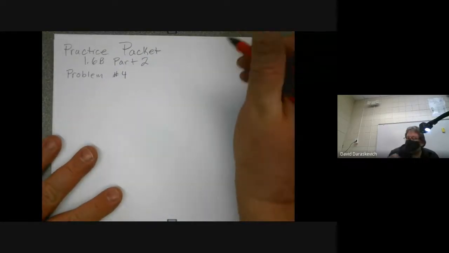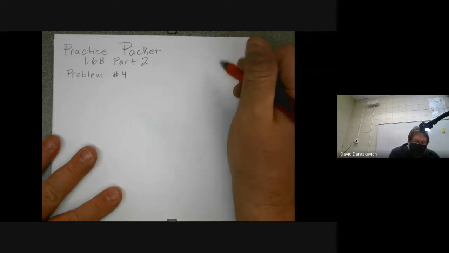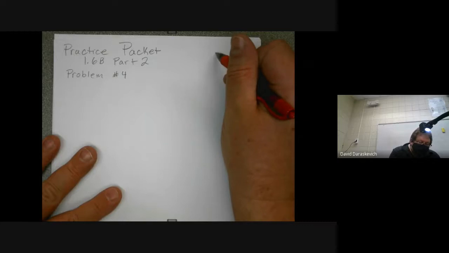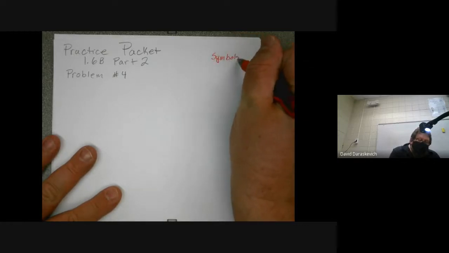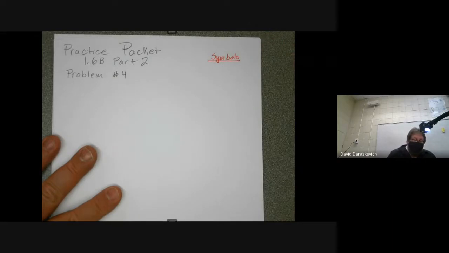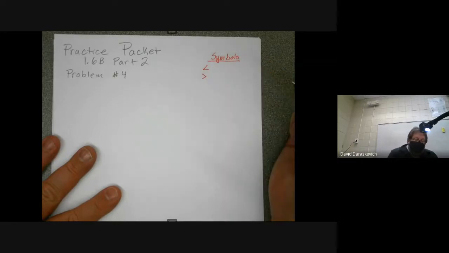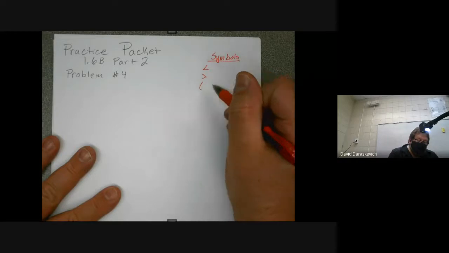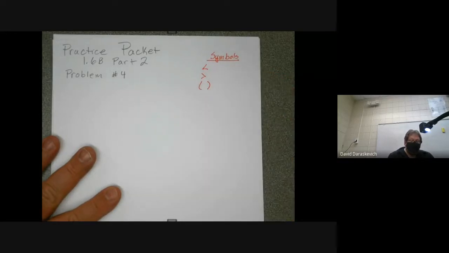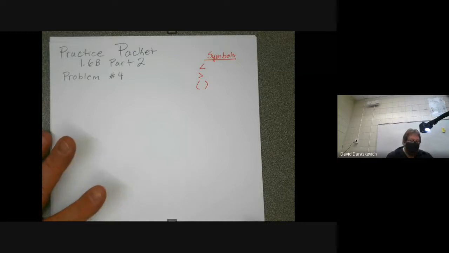For the symbols we've been working with for the past few days, I want to just generalize what's been going on. If we have a less than or greater than, in Algebra 2, we're using parentheses for interval notation and for graphing our lines on a number line.